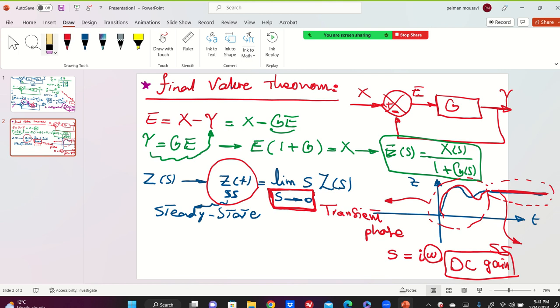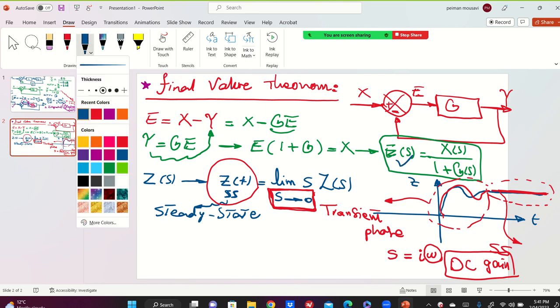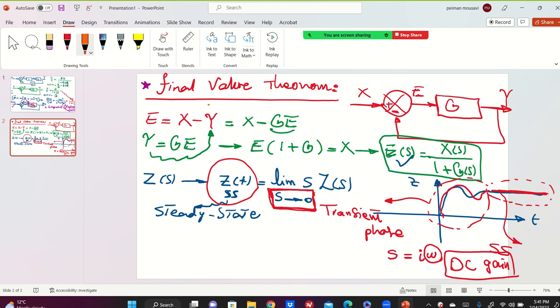Being said, now I can say I have E of S. So you can use this in this course and after graduation as a control engineer controlling a linear system.